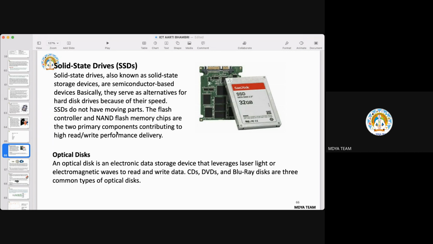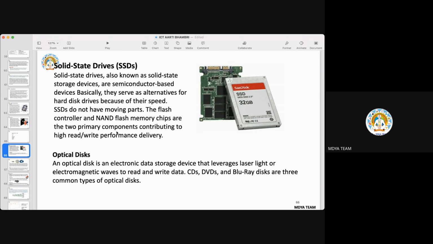This SSD is semiconductor based, meaning semiconductor devices like transistors, diodes, various gates. So they are much faster. That's why the systems which use SSDs run programs and function faster.